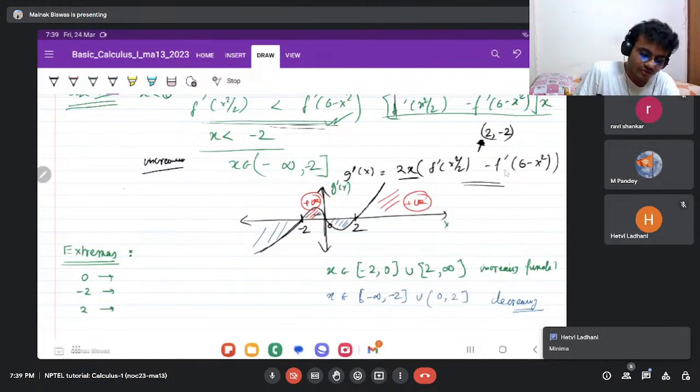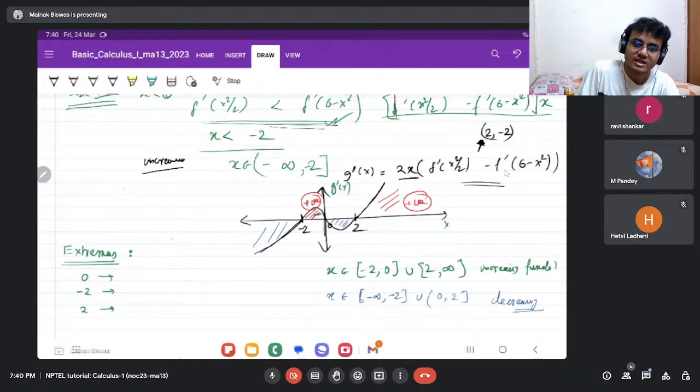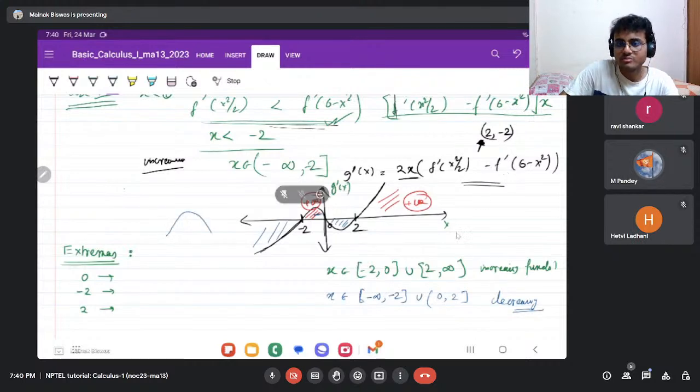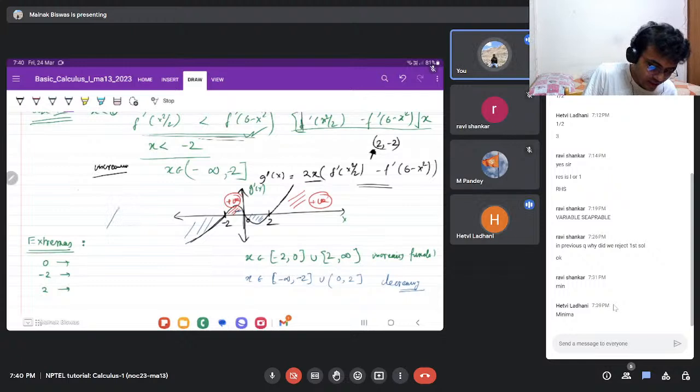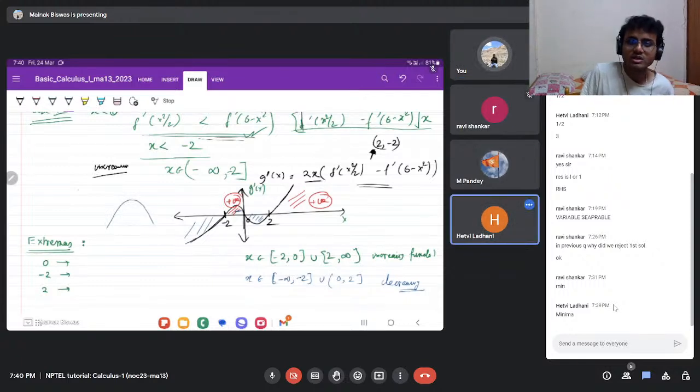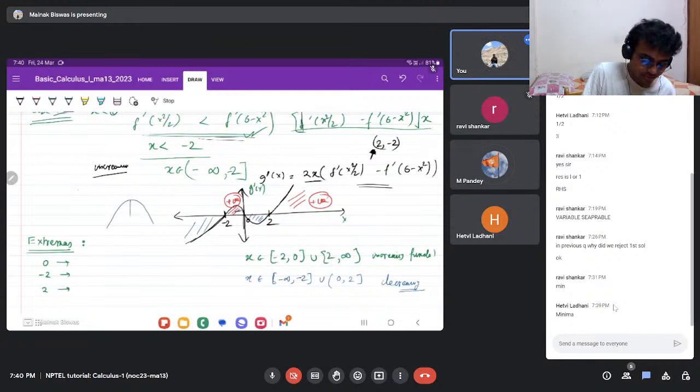This side is positive, right? Left hand side is positive. It's an increasing function on the left hand side. 0 is a minima, she wrote. It's increasing on the left, right? And decreasing on the right. So at 0 you have a maxima, right?